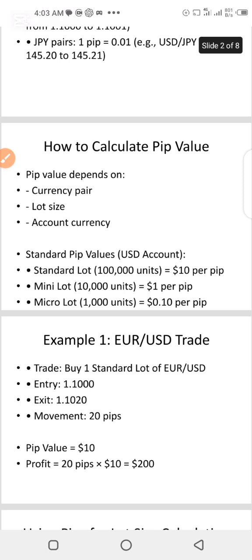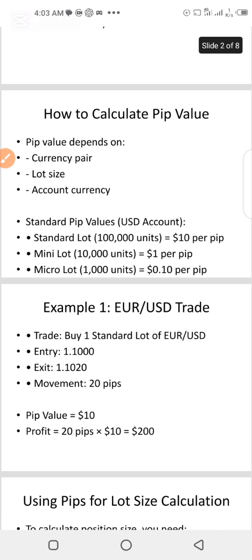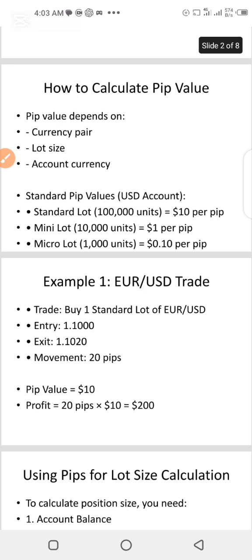Now, standard pip values on a USD account. What is a standard lot size in the forex market? A standard lot size has what we call 100,000 units. That's equal to $10 per pip.